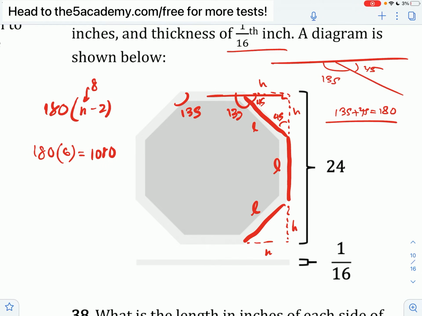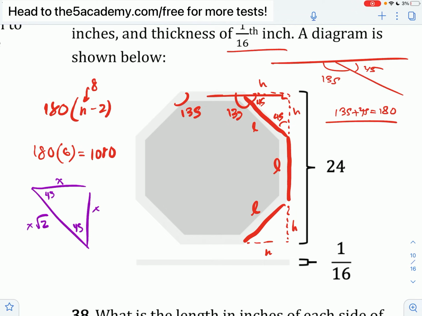Now, let me just draw that one more time. So we have L, H, 45, 45. How can I express H in terms of L? I can keep in mind this ratio: 1, 1, square root of 2. Or essentially, think of it this way: it's going to be x square root of 2.